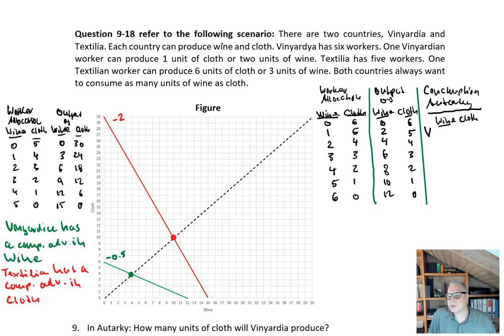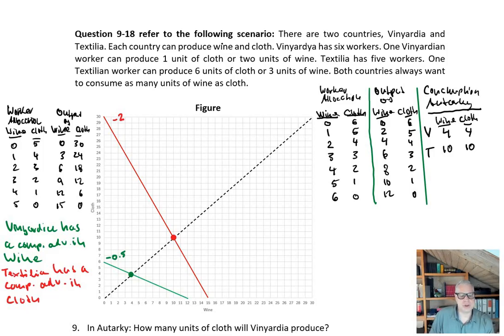And we said Vineyardia produces and consumes 4 and 4. And what about Textilia? We can see here 10 and 10. Okay, so this is what they consume under autarky.